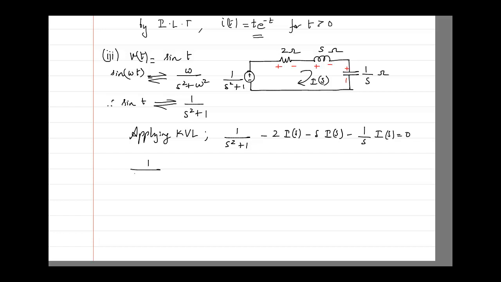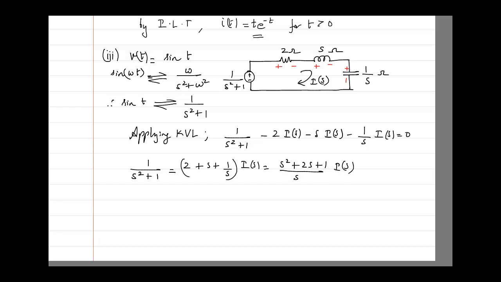Just like last time, here also I will take the right hand side: 2 plus s plus 1 by s into I of s, which I can write as s square plus 2s plus 1 divided by s into I of s.